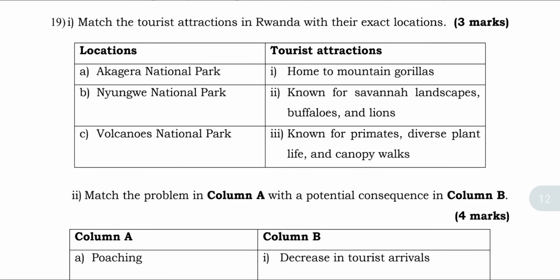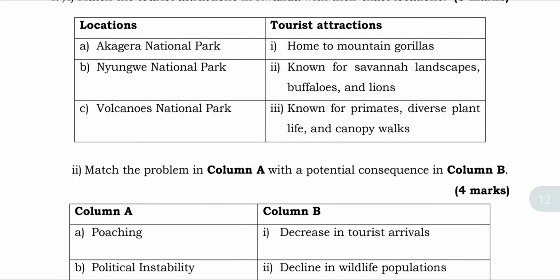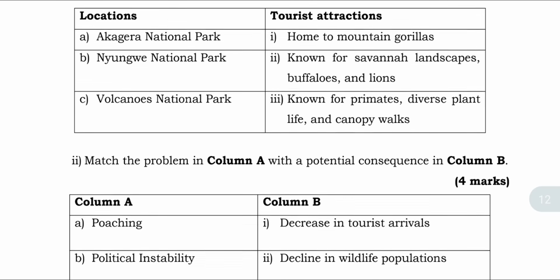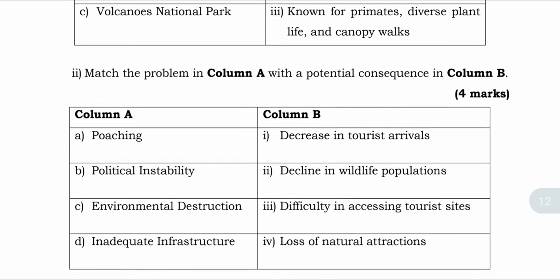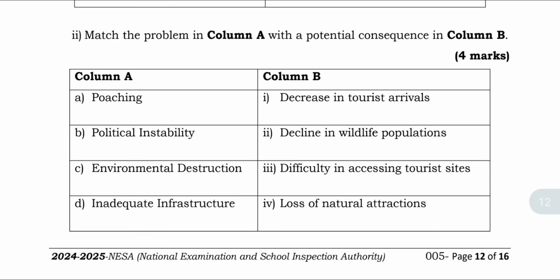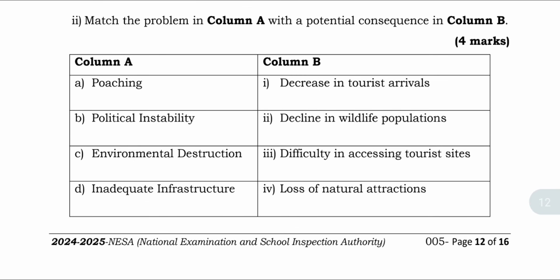Last Roman 2, match the problem of column A with potential consequences in column B. Poaching, political instability, environmental destruction, inadequate infrastructure. Whereas in column B, decrease in tourist arrival, decline in wildlife populations, difficulty in accessing tourist sites.